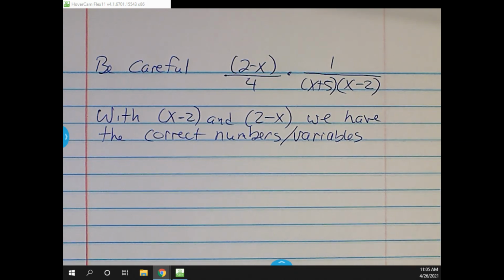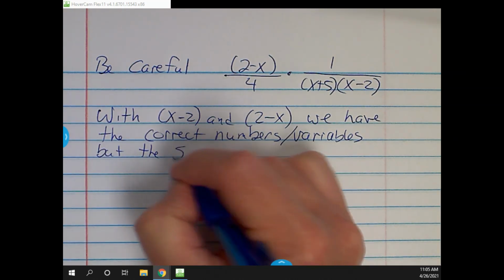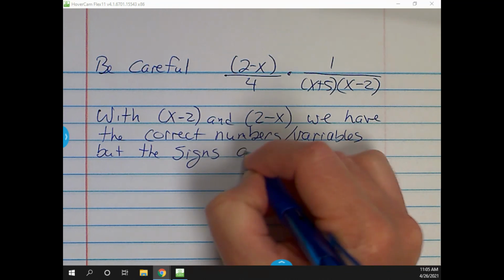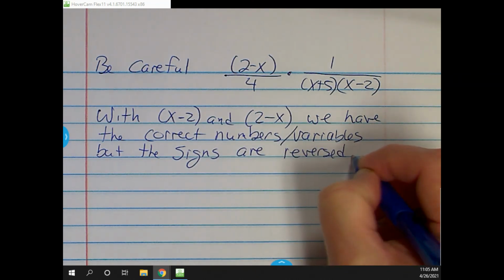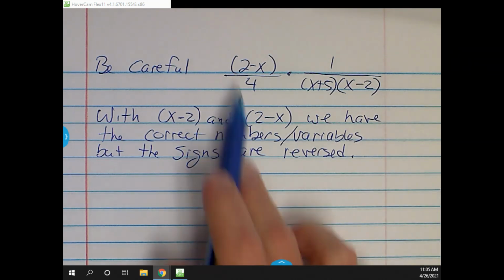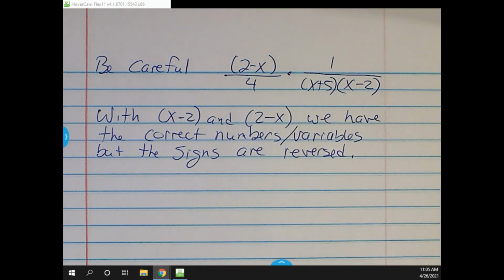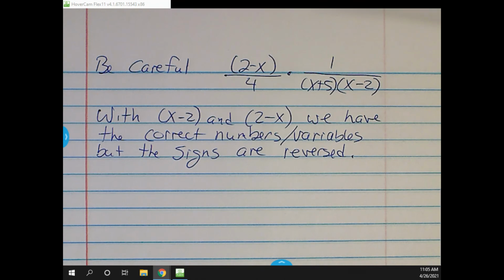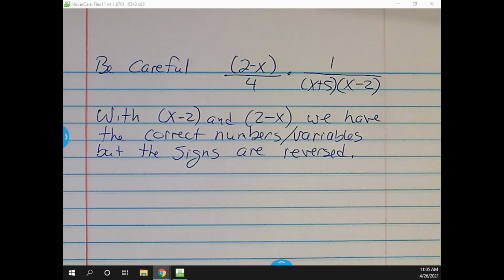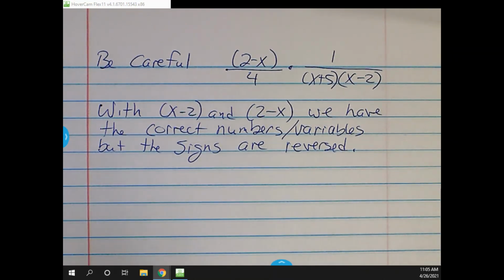So the numbers and the variables, all that stuff is correct, but the signs are wrong. We'll just say the signs are reversed, because this one has a positive 2, this one's got a negative 2, this one's got a negative x, that one's got a positive x. It's just that one of them's not written the correct way.